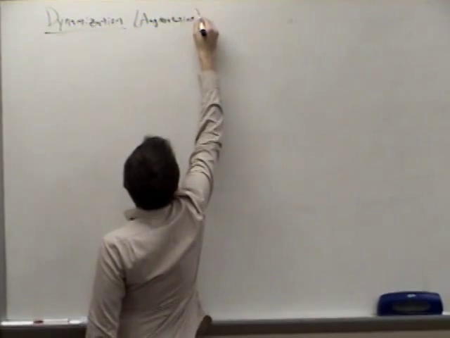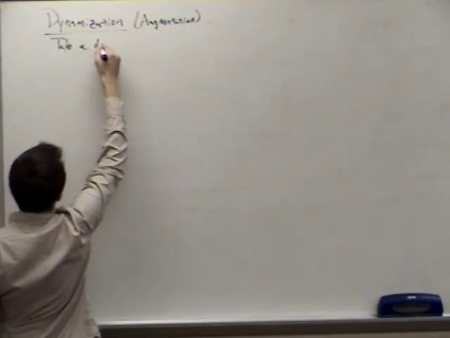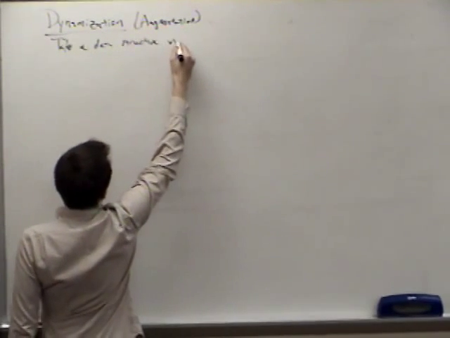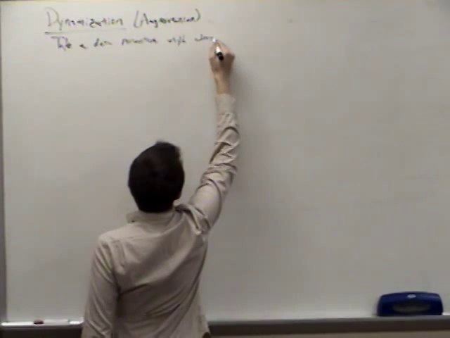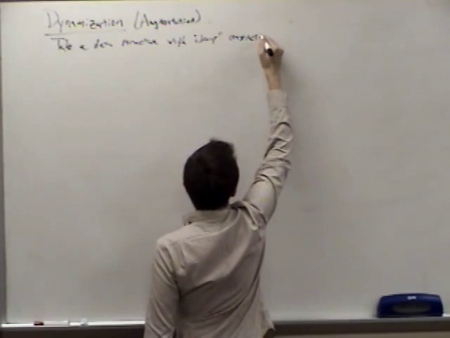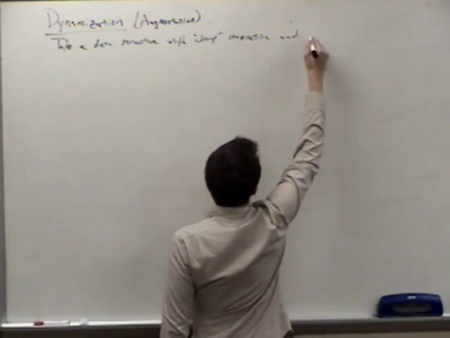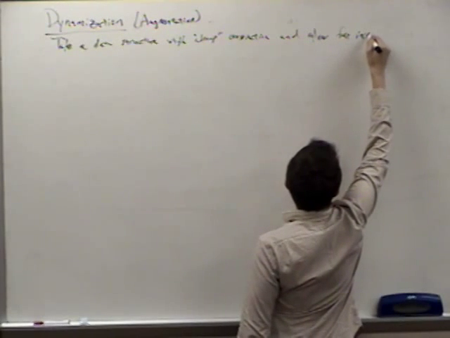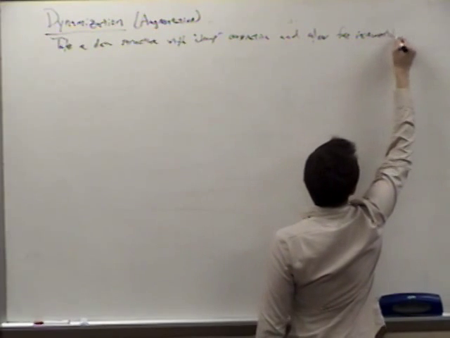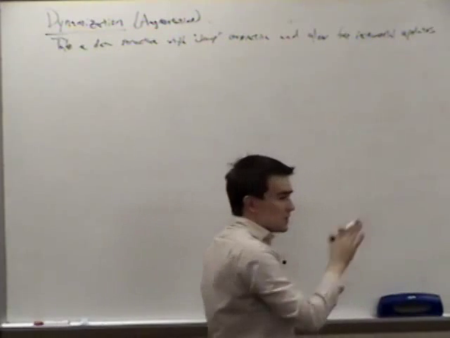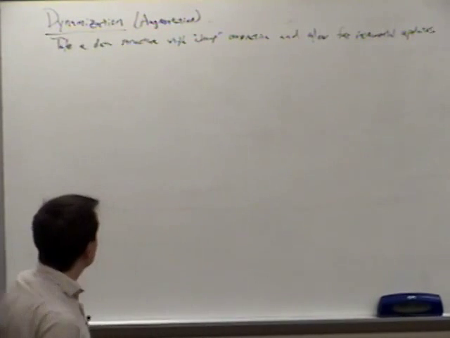The idea is that we'll basically take a data structure with a cheap construction and allow fast incremental updates, while keeping the same query times more or less intact. All right, so that's kind of the idea.